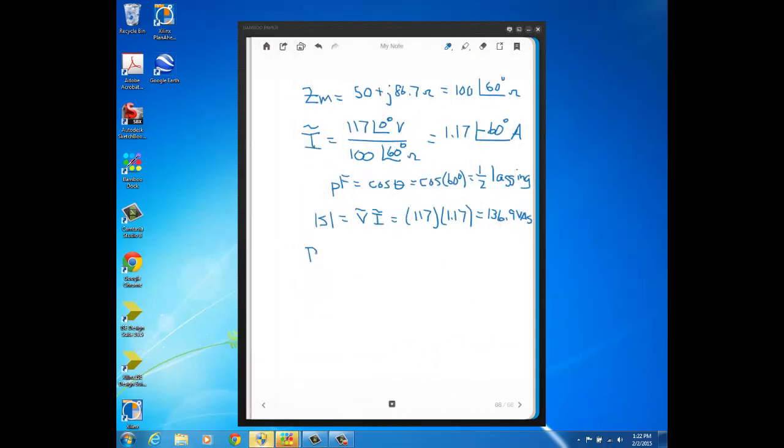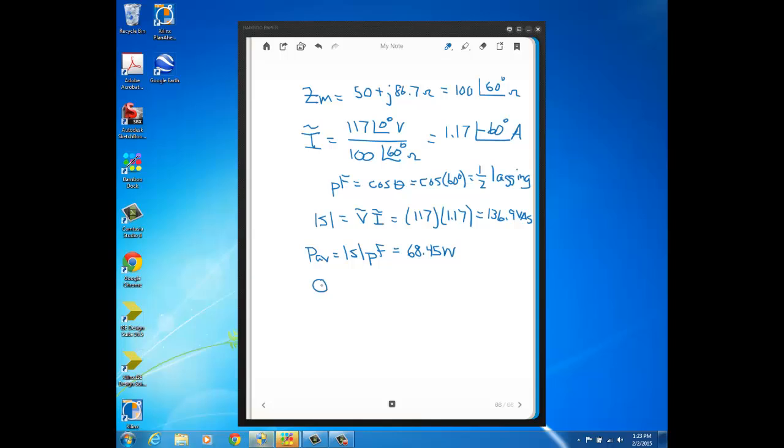P average is just going to be apparent power times cosine theta, which is the same as the power factor. So you see P average is just half of our apparent power, which is 68.45, and that's watts.